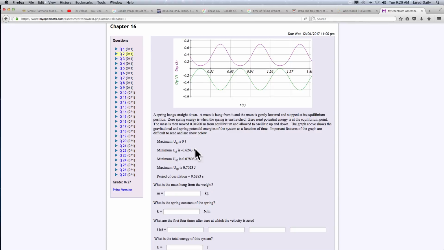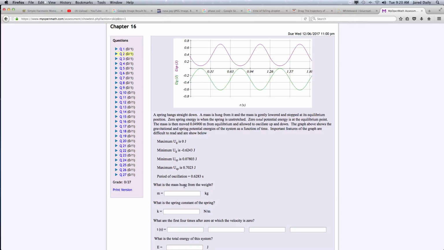If you know how high it goes, and you know the gravitational potential energy, you can calculate the mass, right? Because gravitational potential energy is mgh. So if you know h, and we always know g, you can calculate m. So you use U equals mgh, U gravitational potential energy equals mgh, to calculate the mass.